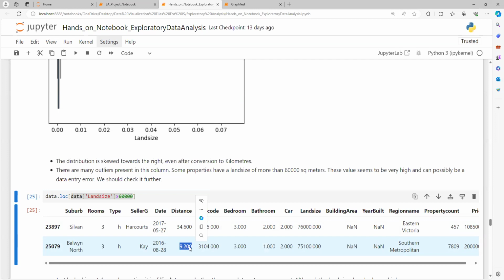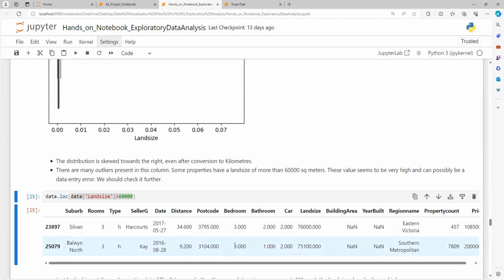So the question is, is this an accurate land size or did someone hit an extra zero? In situations like that, you have to do a little bit of investigation. You might need to go back and check the records, especially if you're the author of it and know where they came from. You can start asking a whole bunch of these questions, and really dig into it and understand what's going on a little bit more.